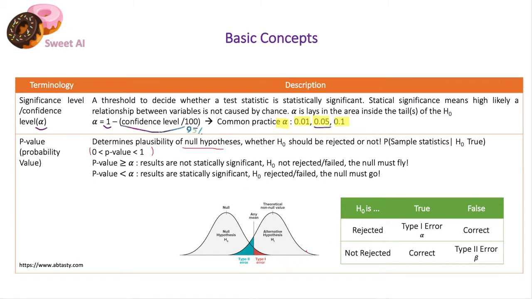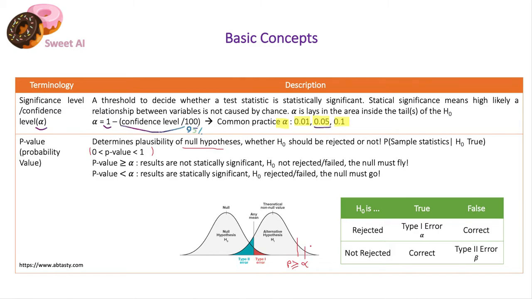So let's say the alpha lies here. This is the alpha that we have, and the p-value stays here, right? So the p-value is going to be bigger than or equal to alpha, and then we are going to say we fail to reject the null hypothesis. So the null hypothesis is not going to be rejected.